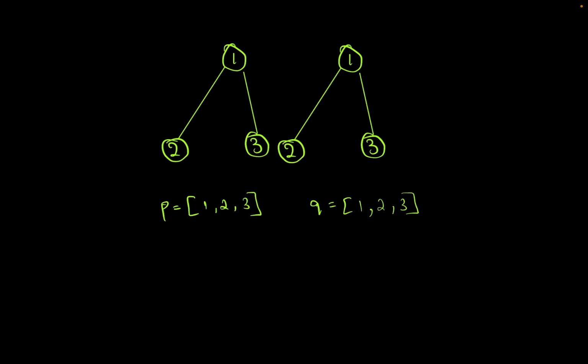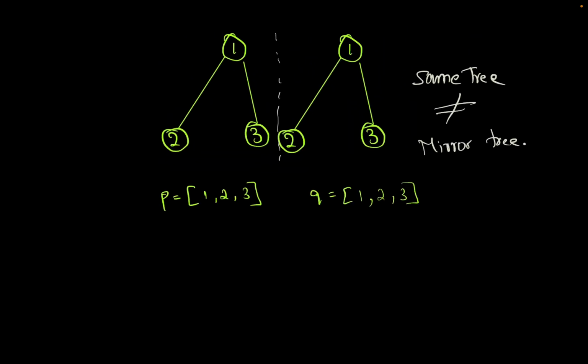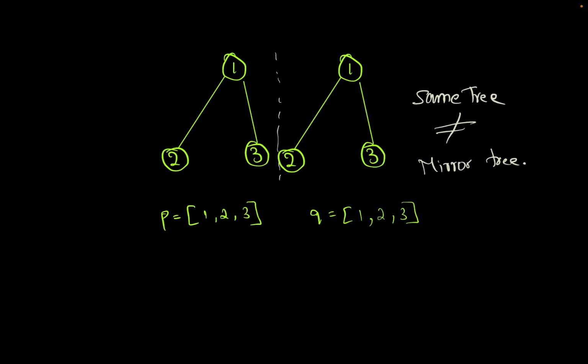A same tree is not equal to a mirror tree. A lot of people think that one tree being a mirror of the other counts as equal. In fact, if they are mirrors, then it's not equal at all, so it should return false. In this case, as both are identical, it will return true.